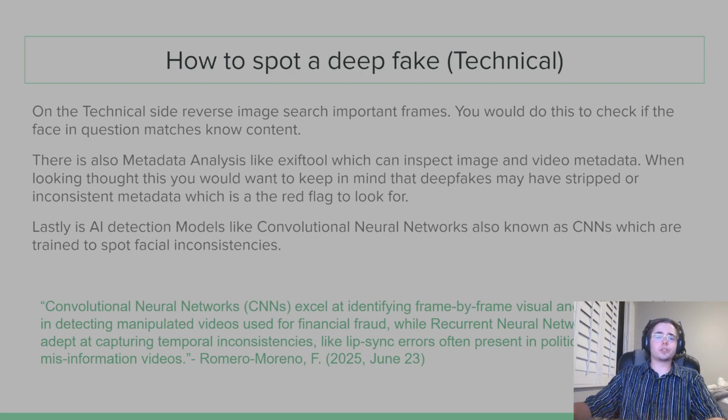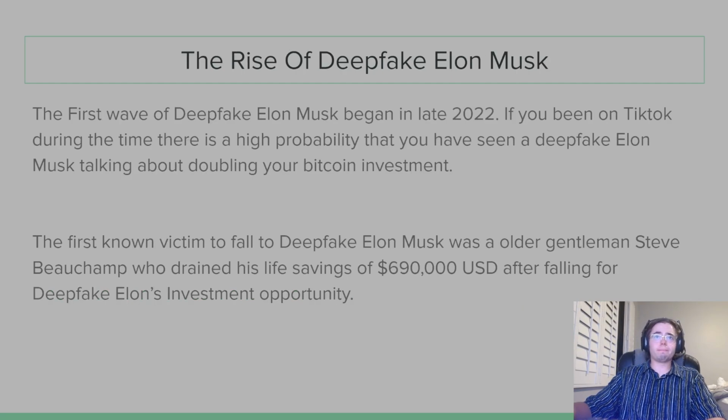Convolutional neural networks excel at identifying frame by frame visual anomalies, crucial in detecting manipulated videos used for financial fraud. And RNNs, recurrent neural networks, are adept at capturing temporal inconsistencies like lip sync errors present in political misinformation videos. This is from Monero F, who is also in the citations in the references below.